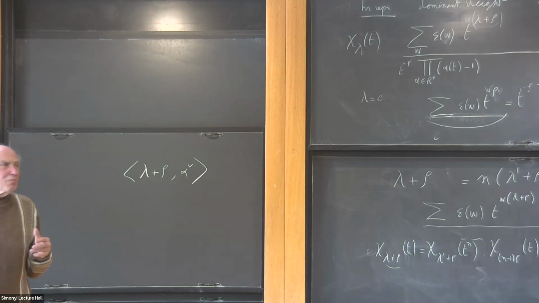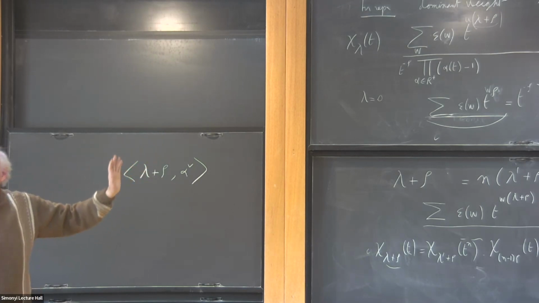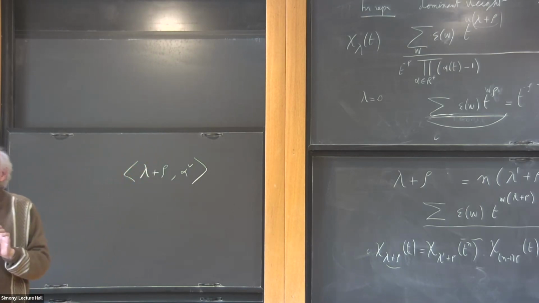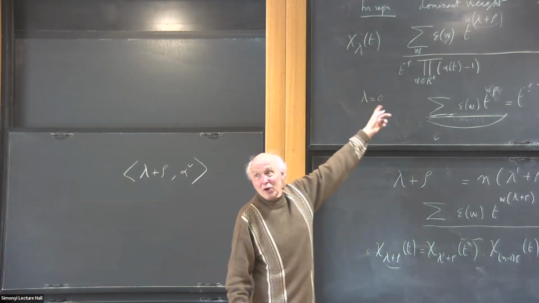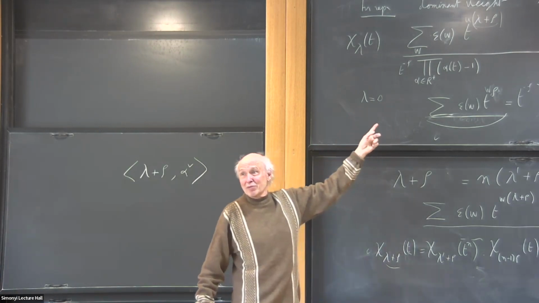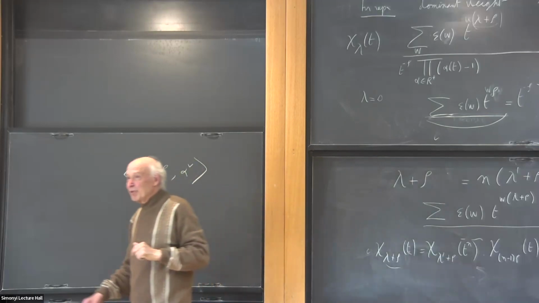Yes, and I would expect that when lambda plus rho is not a multiple of something, I would expect just isolated points, which one wants to explain, because the nice case was a multiple. It was n lambda plus rho which was a multiple.